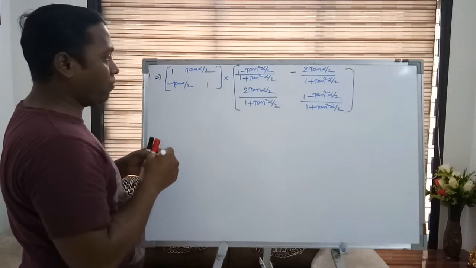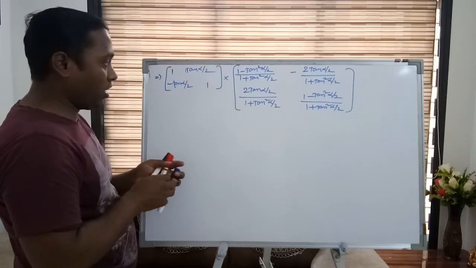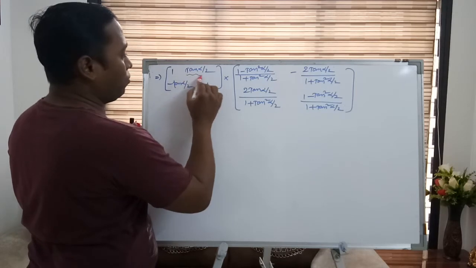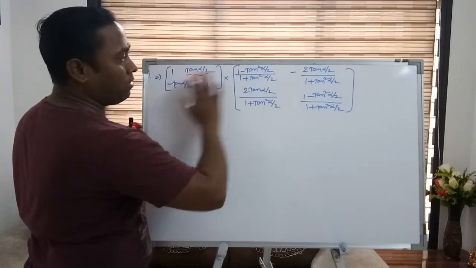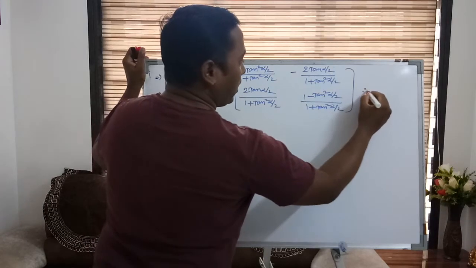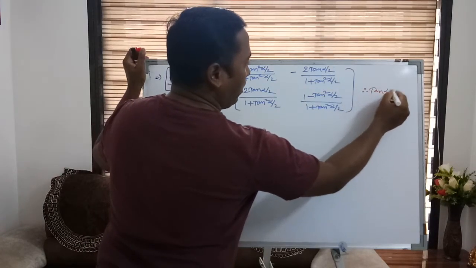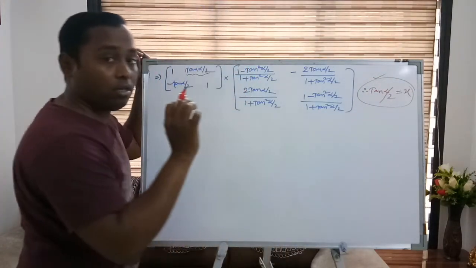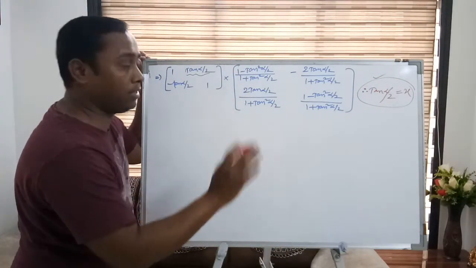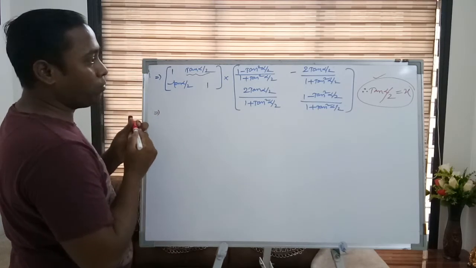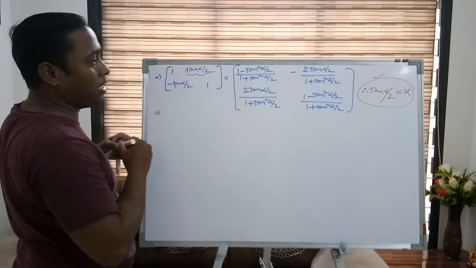For sake of convenience, just for the simplification part, wherever tan alpha by 2 is there, I am assuming tan alpha by 2 as x, nothing else. So ultimately let's see how this equation looks.